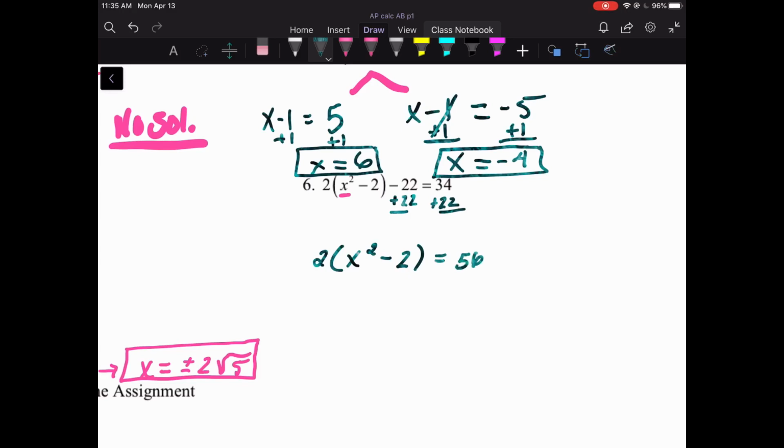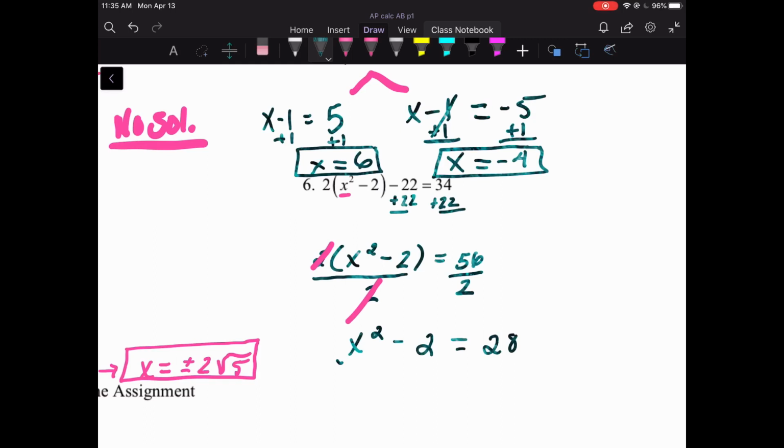Okay. Instead of going through and distributing, we are going to divide by 2. You'll be left with x squared minus 2 equals 28.